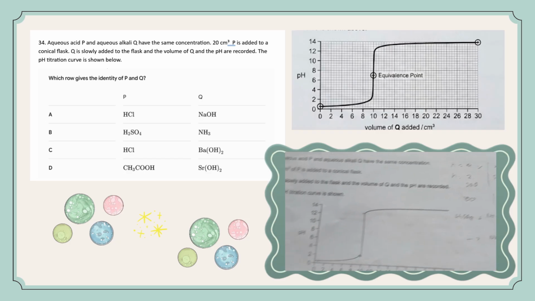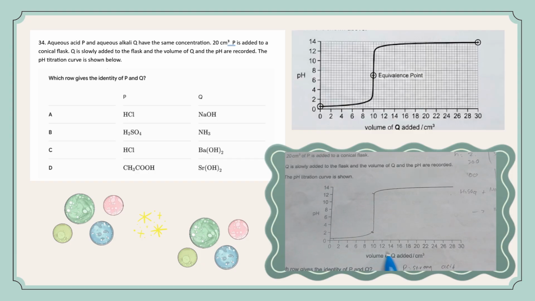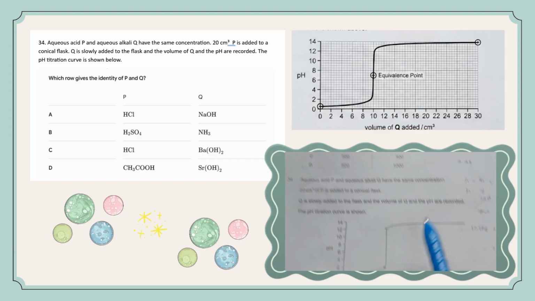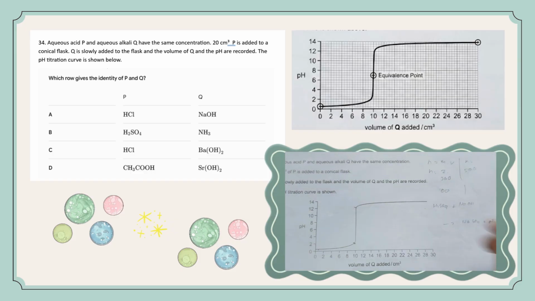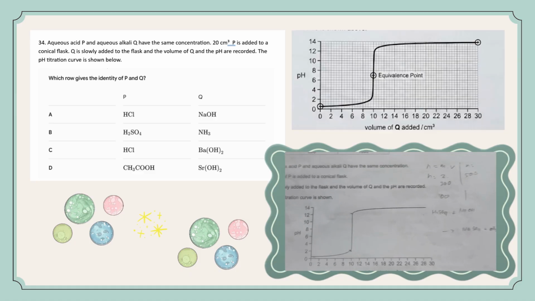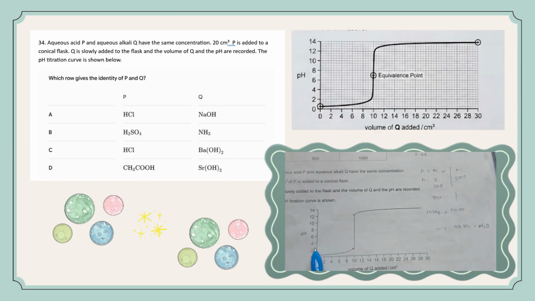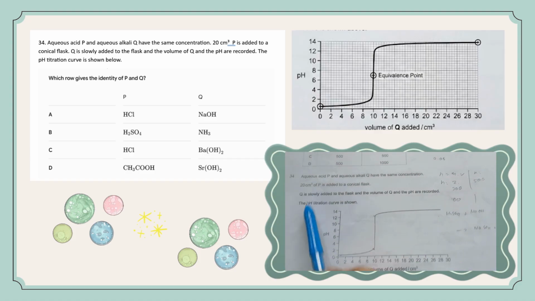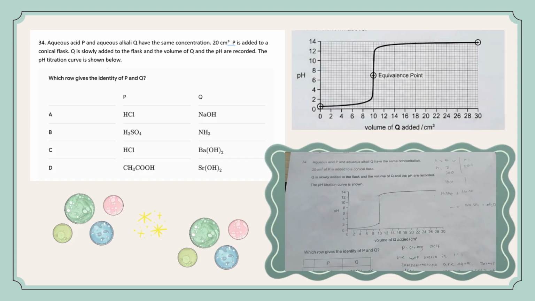And then the alkali, the volume is 10 because they have the same concentration. Because it has the same concentration but the acid has 2 times the volume of Q, we have 2 times.